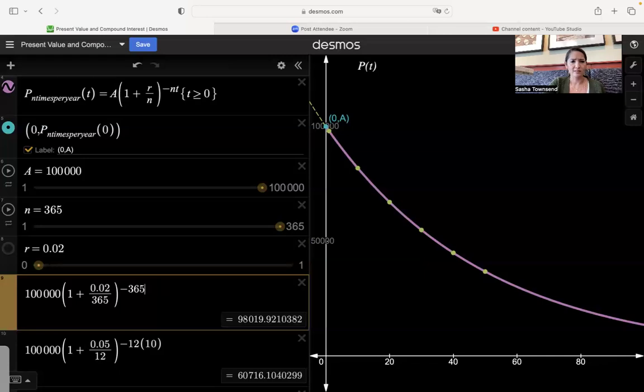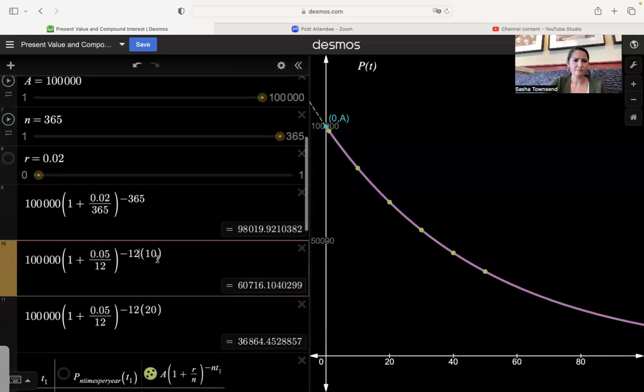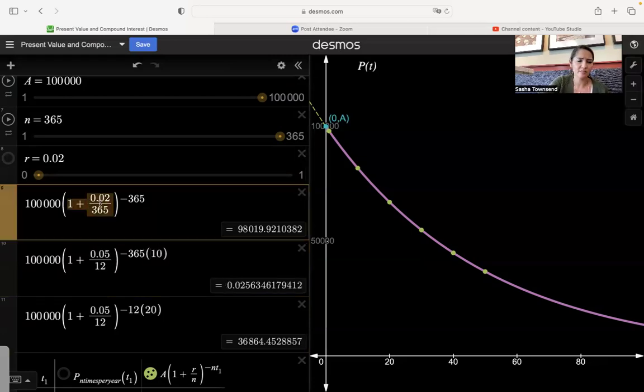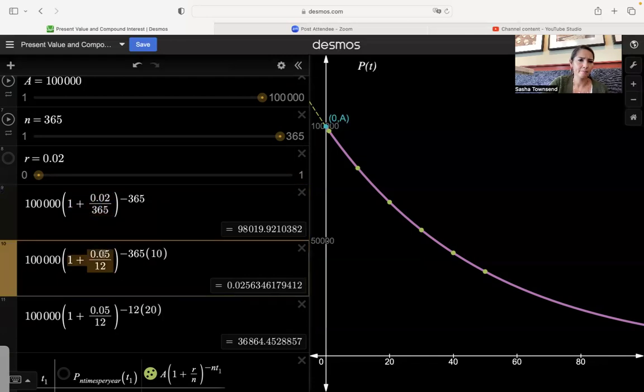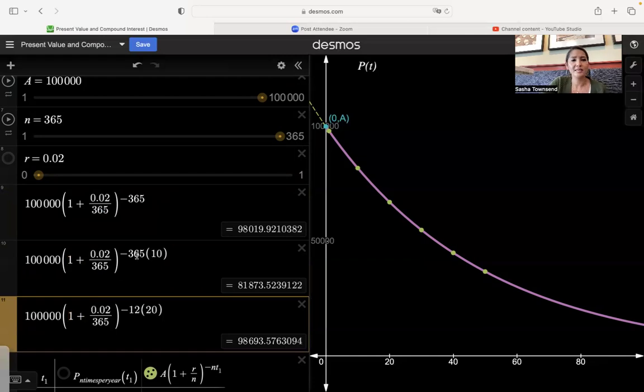Now, if we're willing to wait a little longer rather than waiting a year, if we're willing to wait 10 years, we need to deposit, oops, I need to make sure that base is correct. We're willing to wait 10 years and we're getting that 2% interest rate and we're compounding interest 365 times per year.